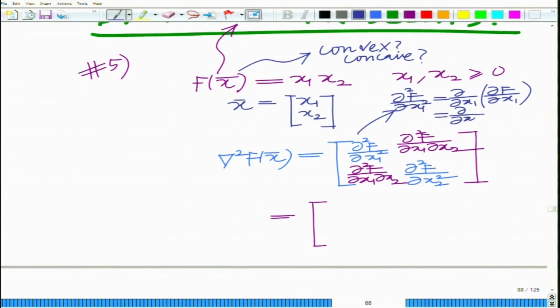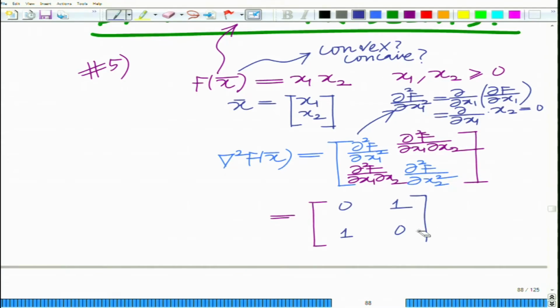So, this is partial with respect to x1 of x2, which is 0. So, you can see this is 0. Partial with respect to x1 x2 is 1. The second order partial with respect to x2 is also 0.